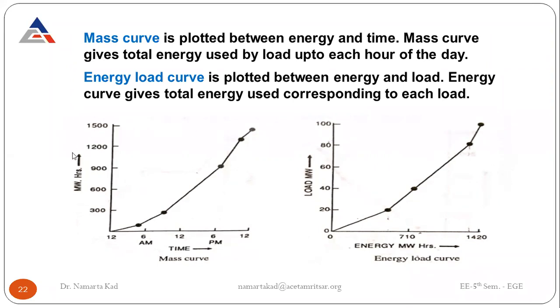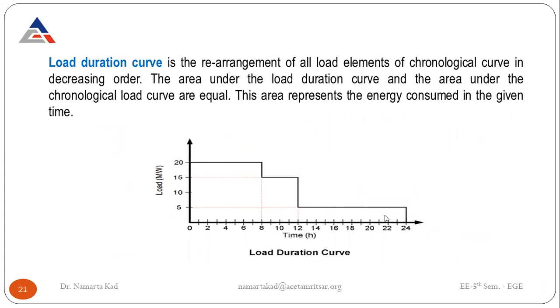So what is the usefulness of the mass curve? It gives us an idea of the energy consumption up to particular hours of the day. And what is the total energy consumption after the total time? This maximum point is equal to the area.